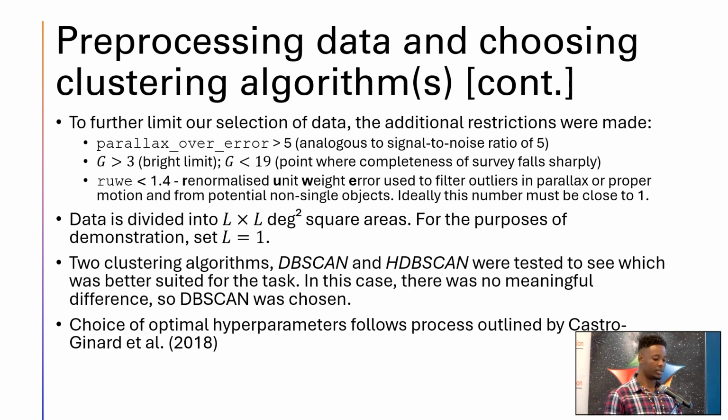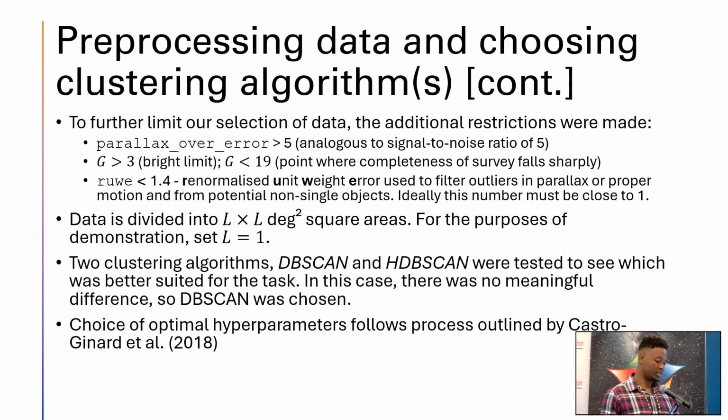The reason for degree square areas is that, if we look at the earlier slides involving the radii of clusters, what we typically find is that clusters do not go above 0.1 degrees in the case of globular clusters, and they don't go above 1 in the case of open clusters.